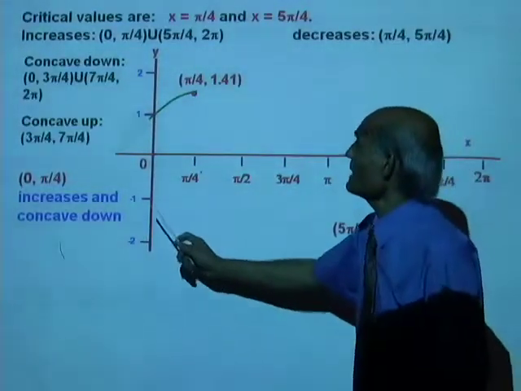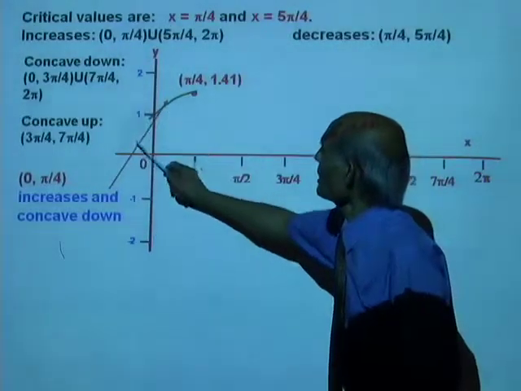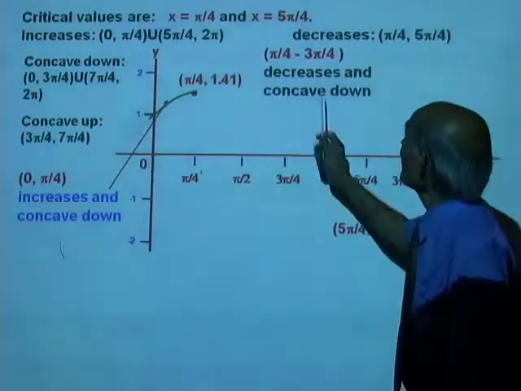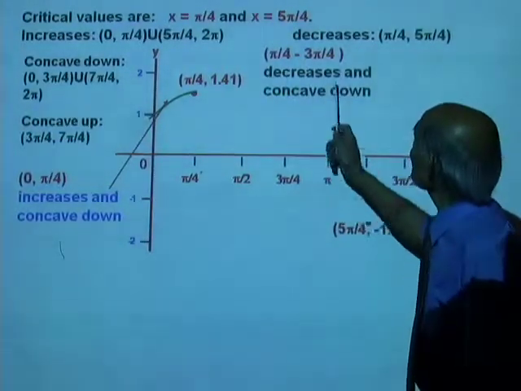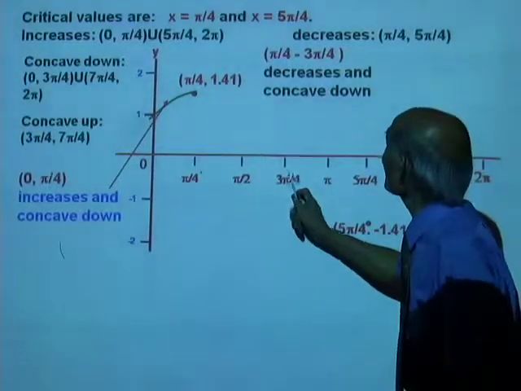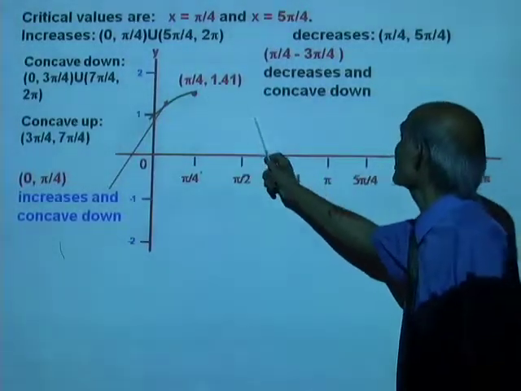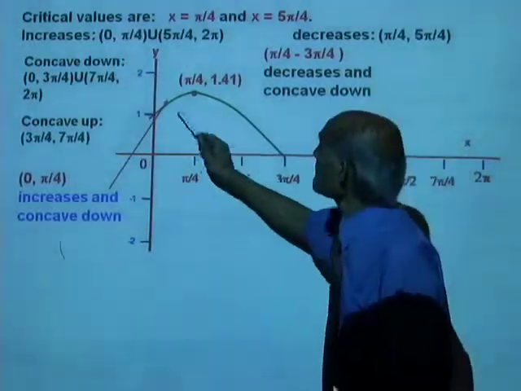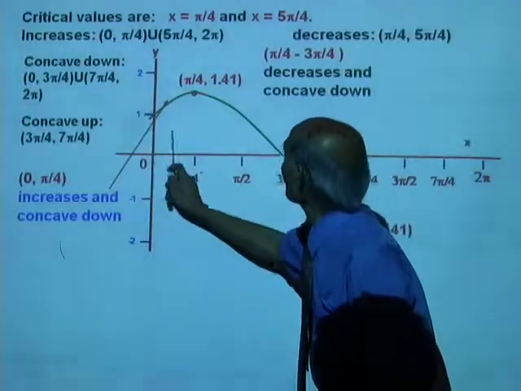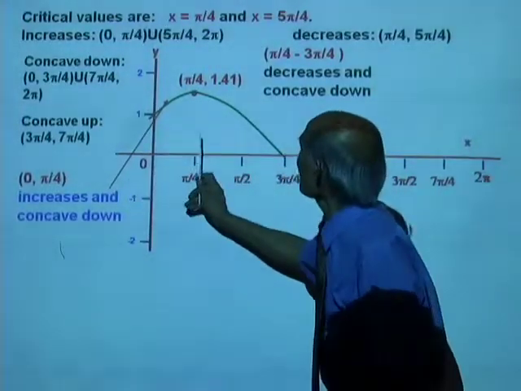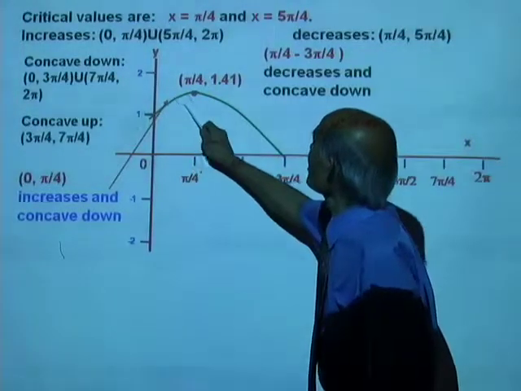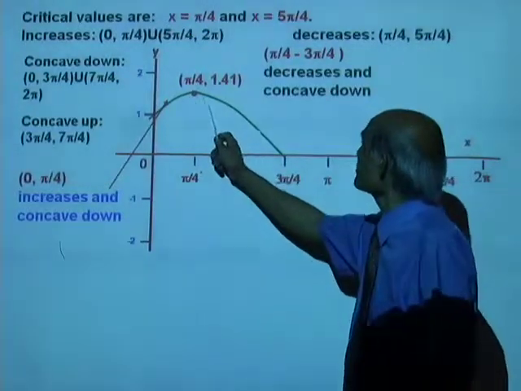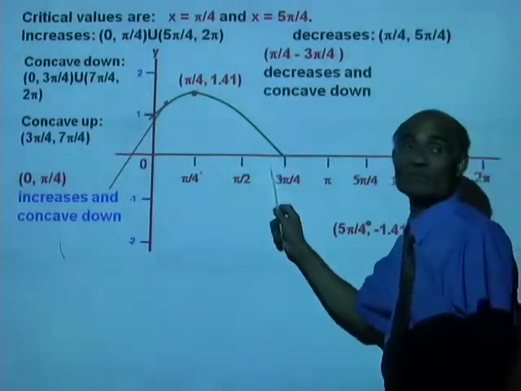Then pi by 4 to 3 pi by 4 decreases and concave down.